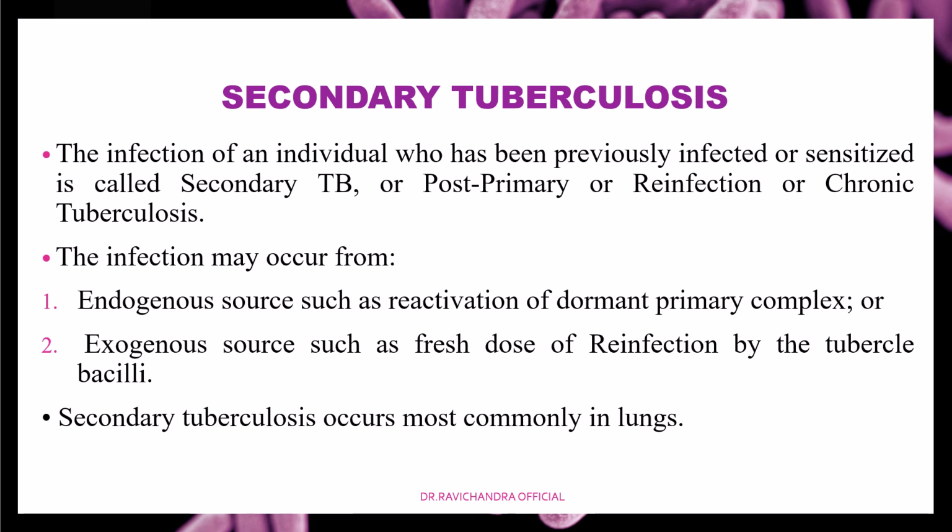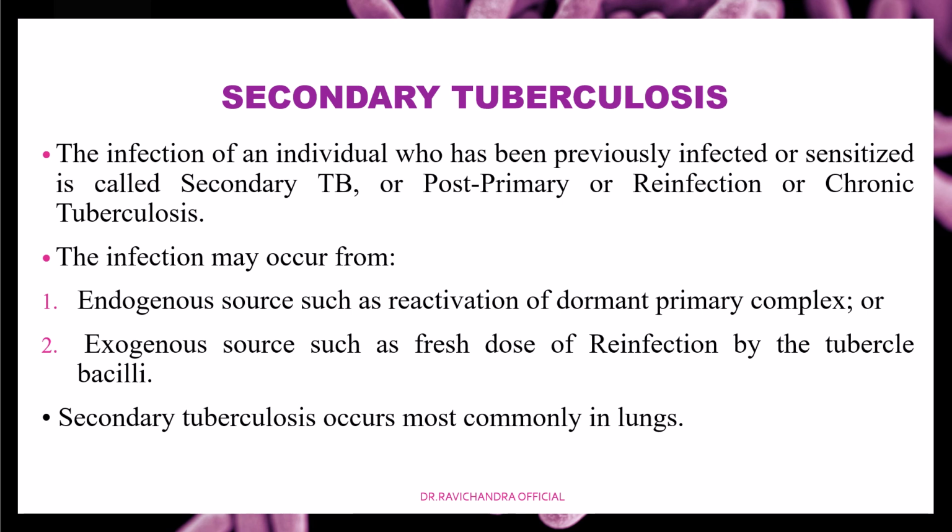Secondary tuberculosis. The infection of an individual who has been previously infected or sensitized is called secondary tuberculosis or post-primary tuberculosis or reinfection tuberculosis or chronic tuberculosis. The infection may occur from an endogenous source, such as reactivation of the dormant primary complex or Ghon's complex, or an exogenous source such as a fresh dose of reinfection by tubercle bacilli.